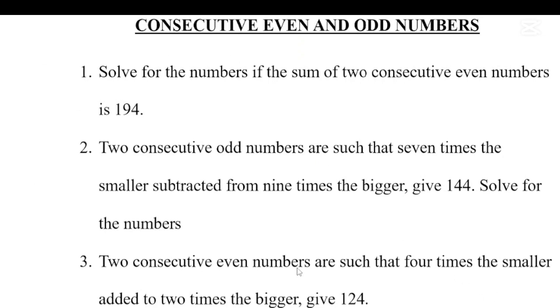And the last question says that two consecutive even numbers are such that 4 times the smaller added to 2 times the bigger give us 124. So we already know our even numbers. We know consecutive even numbers.